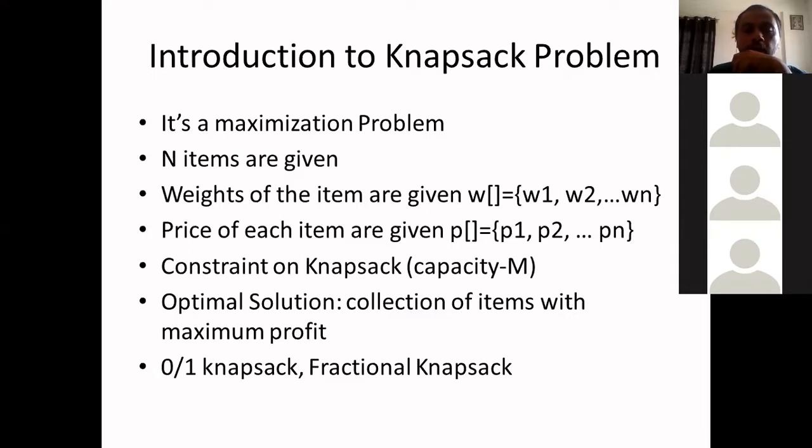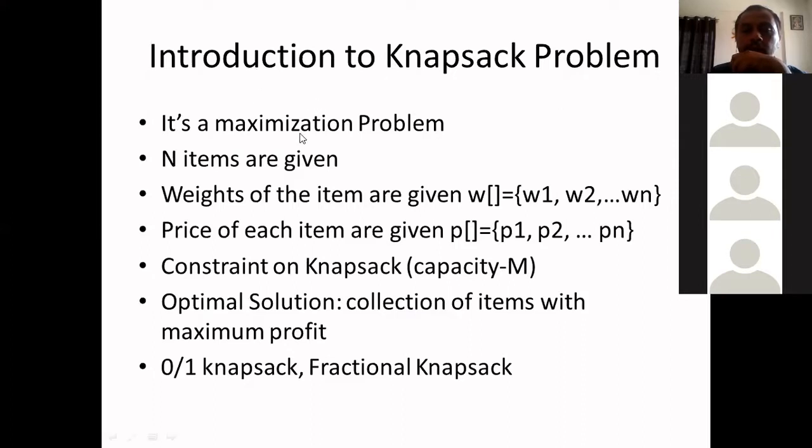Now, the optimal solution looks for this: we need to collect the items which suit the capacity of the knapsack, and also the items we have collected, their prices together, which we can call the profit of the knapsack, should be maximum.